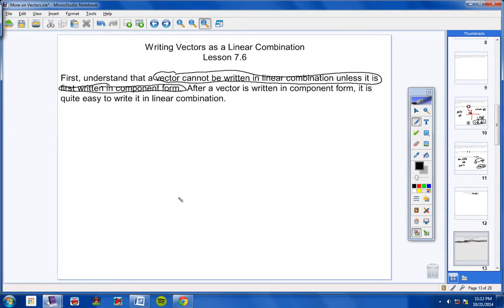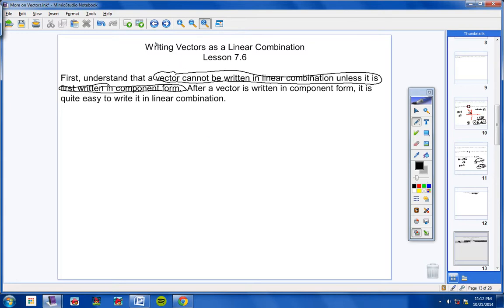After a vector is written in component form, it is quite easy to write it in linear combination. It's very easy actually. But you cannot write a vector as a linear combination unless it's first written in component form. So please keep that in mind.